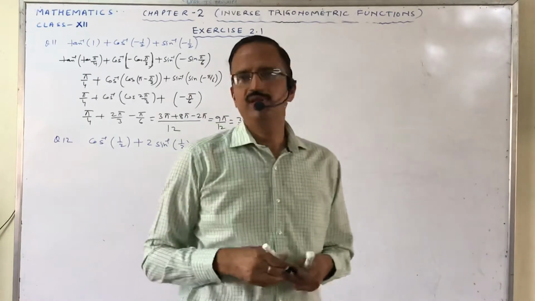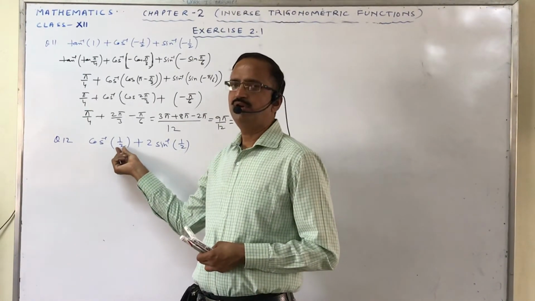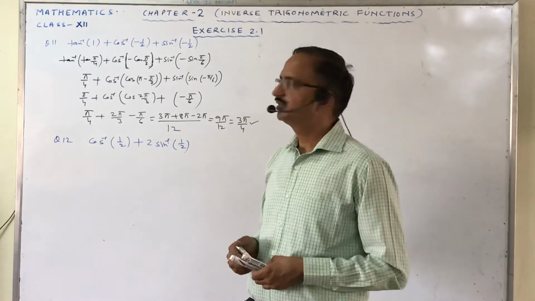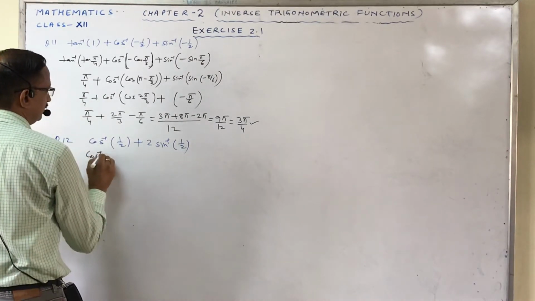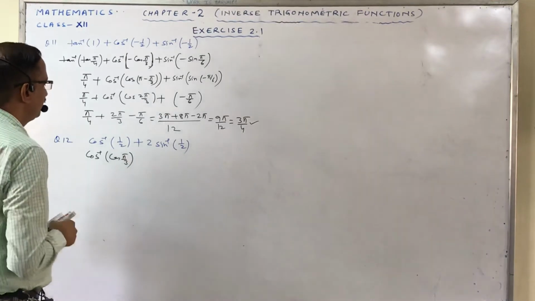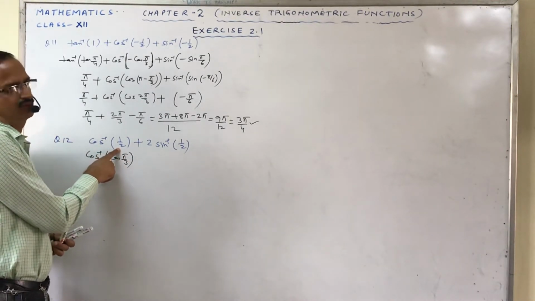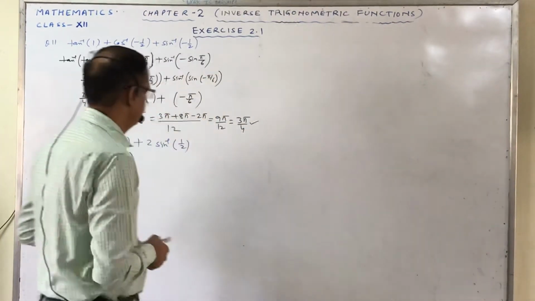So we will search out the value of cos for 1 by 2, and we know that cos pi by 3. If this is cos inverse, then it must be in the form of cos. Then only cos and cos inverse will cancel out.